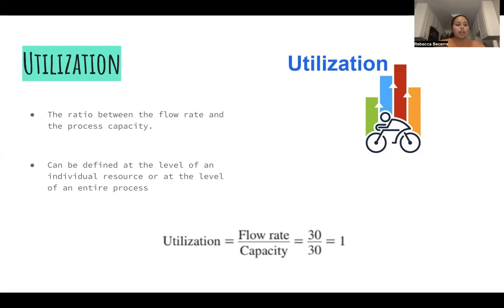Also, one thing to note is that utilization can be defined at the level of an individual resource as well as at the level of an entire process. On the bottom here, we just have a quick image of how it is shown. So utilization, of course, is equal to flow rate divided by capacity, which can sometimes be the same thing as seen below. All right.